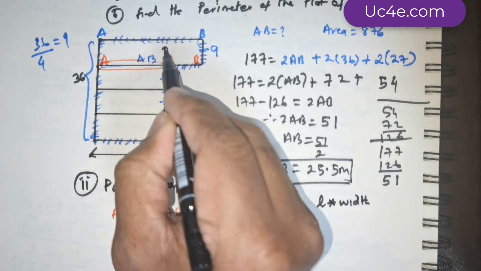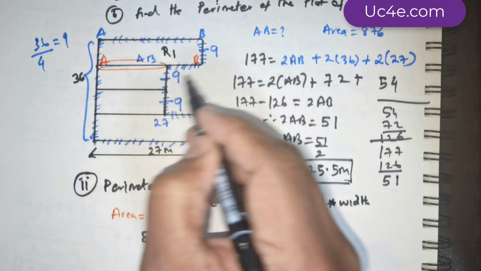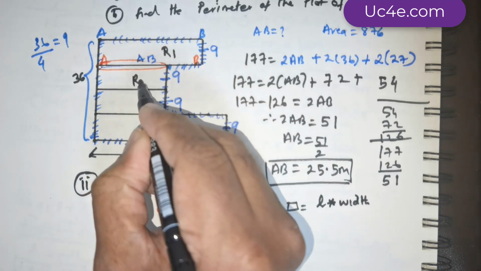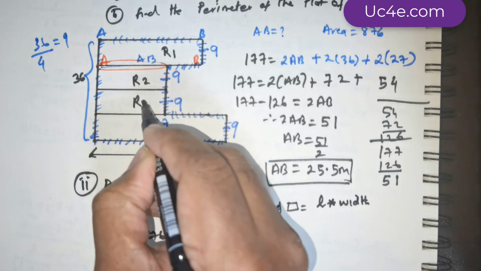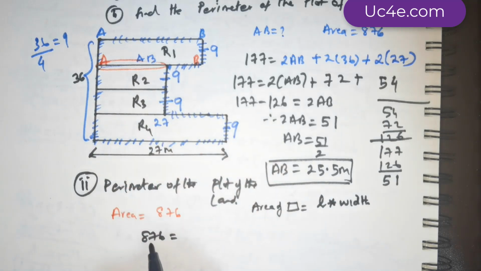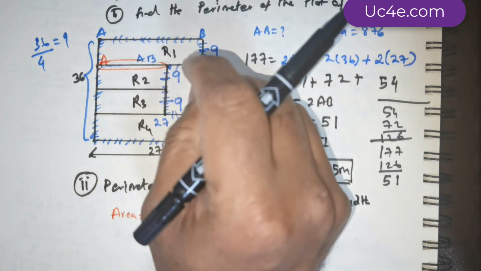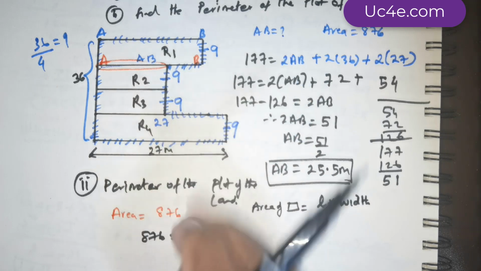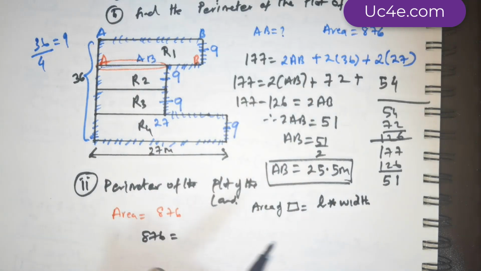So area of rectangle 1, area of rectangle 2, area of rectangle 3, area of rectangle 4. All of this will account for 876. So I'm going to add up this plus this plus this plus this and equate it to 876.